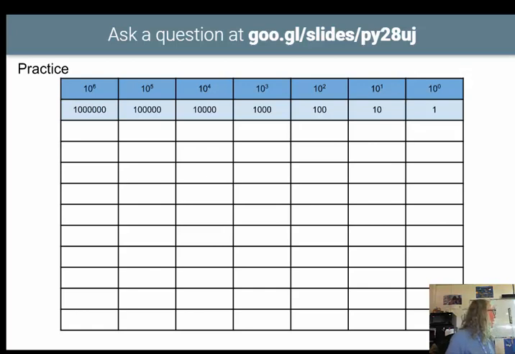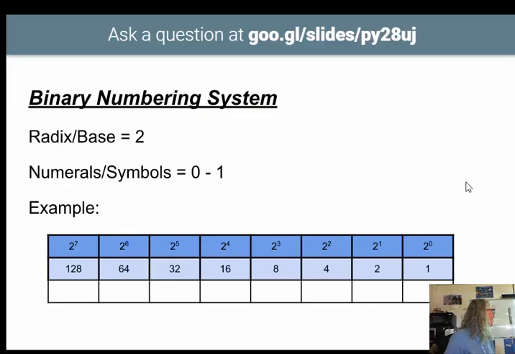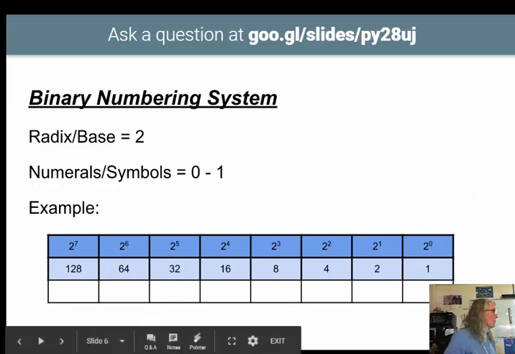So now we're going to look at another numbering system. The binary numbering system has a radix of 2. So that means we only have 2 symbols, numerals, 0 and 1. And our positions are based on powers of 2.